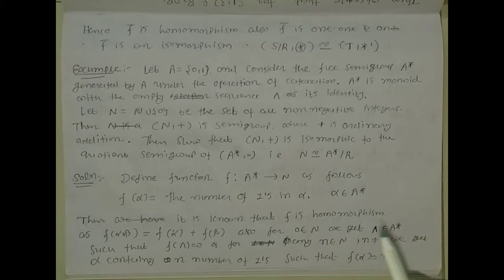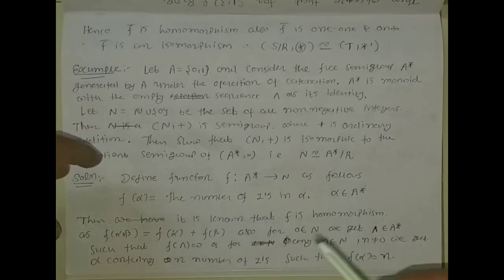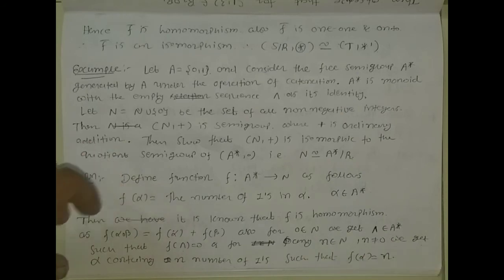So the number of ones in alpha is equal to n, and f of alpha is equal to n. So f is onto. Here f is a homomorphism, and also f is onto.